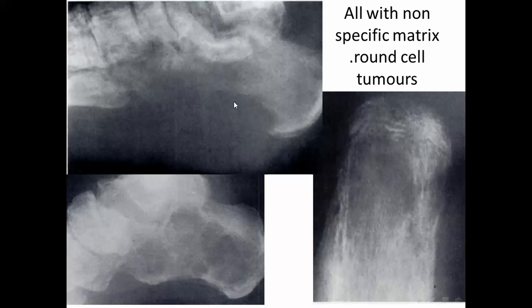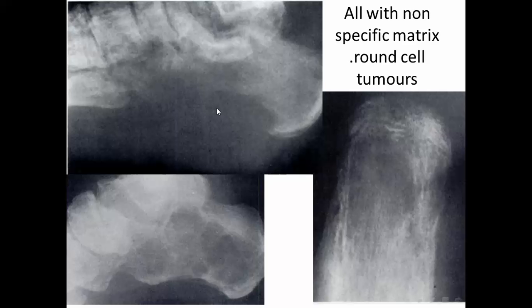Tumors with non-specific matrix should have round cell tumors in the differential diagnosis, and the list of round cell tumors includes fibrosarcoma, reticulum cell sarcoma, and histiocytoma or histiofibrosarcoma, malignant fibrosarcoma.